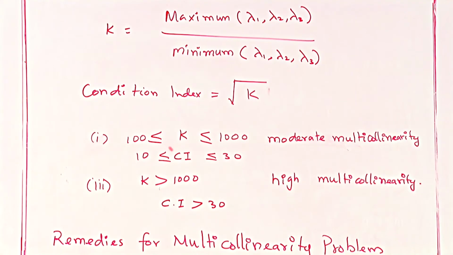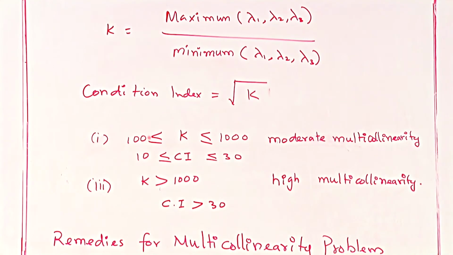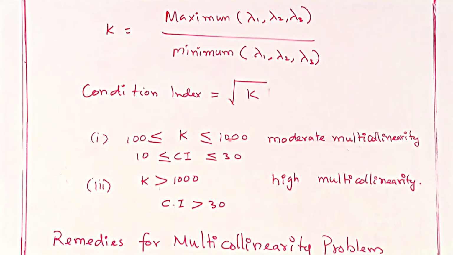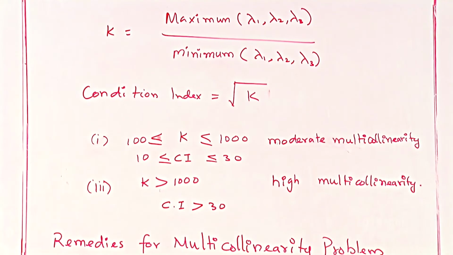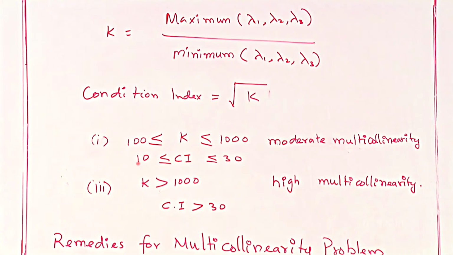If the k is between 100 and 1000, we will say the multicollinearity problem is moderate, and similarly, if the condition index Ci is between 10 and 30, we will say the multicollinearity problem is moderate.